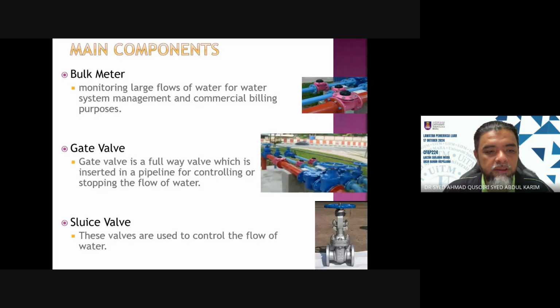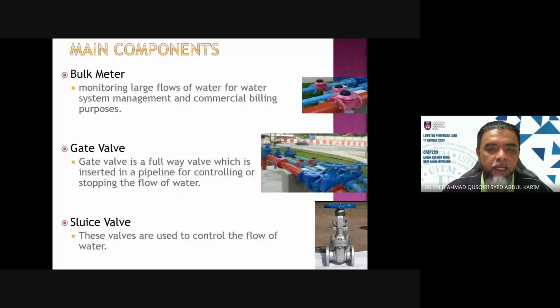So here we provide the bulk meter, and then the gate valve, full bore valve, which is inserted in the pipeline for controlling or stopping the flow of water. So this gate valve is the main valve that is being put there to facilitate maintenance purposes. So if we want to clean up the pipes, change components and whatnot, we can close the gate valve and do maintenance to the pipes downstream.